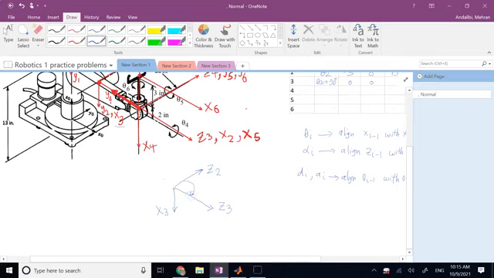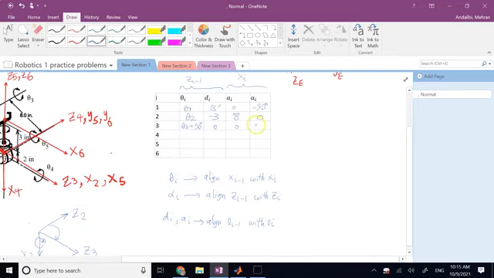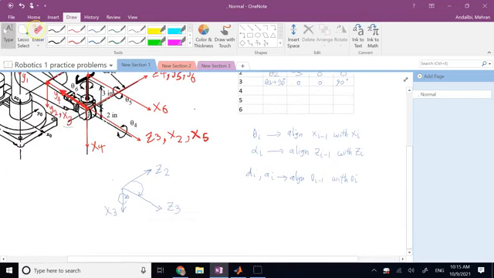But positive rotation about x is going to be what? If you use your right-hand rule, it is going to be like this, which matches that direction. Therefore, you need a positive 90-degree twist to align z2 and z3. There we go.